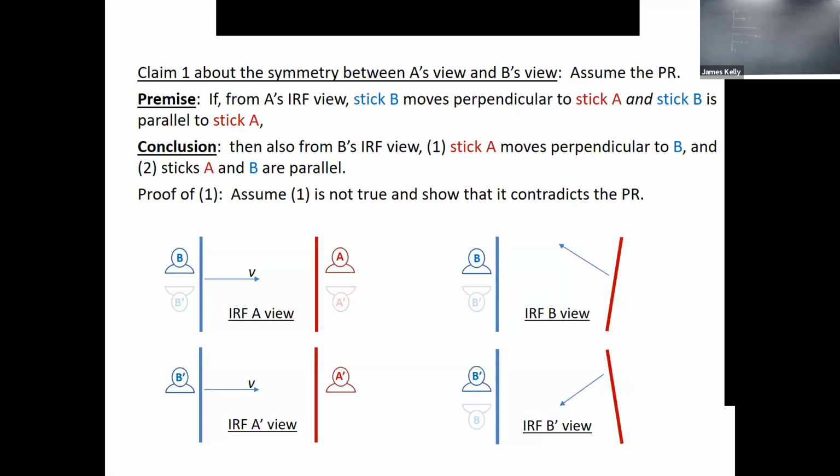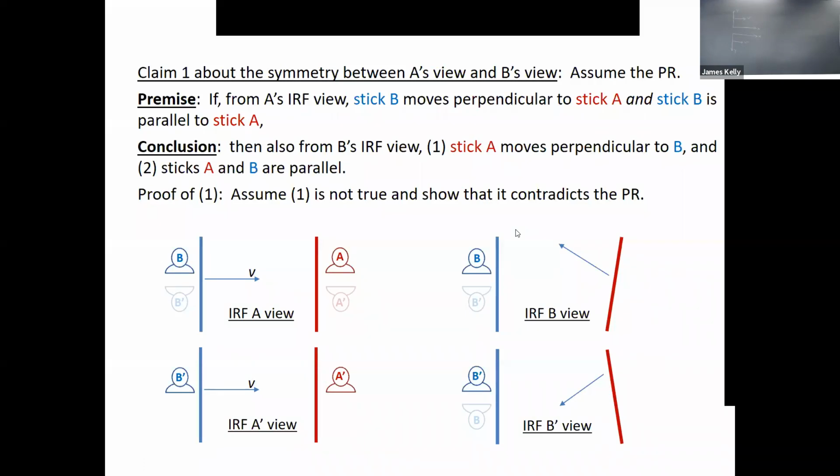The same experiment is being performed, but we're seeing two different outcomes, which would violate the principle of relativity. If the same experiment is being performed in two different cases, then two different IRFs have to see the same result. You can try to put that into words as best you can. Any other comments on that? And therefore, it contradicts the principle of relativity.